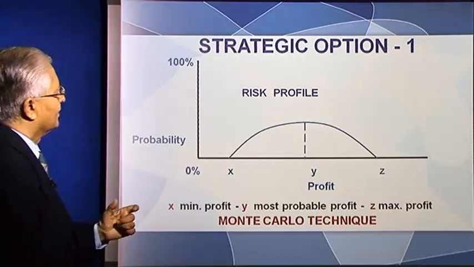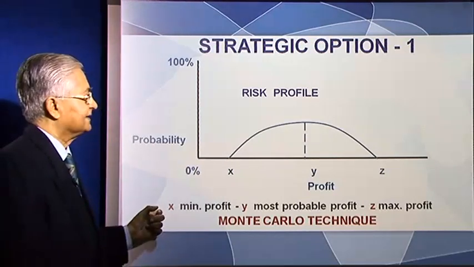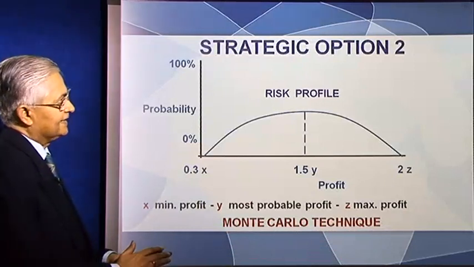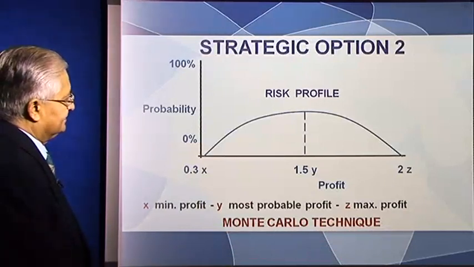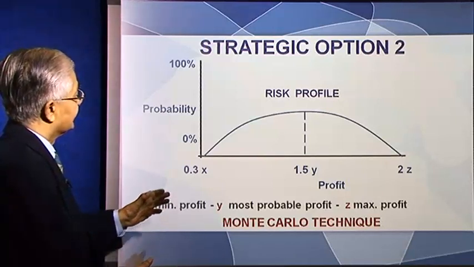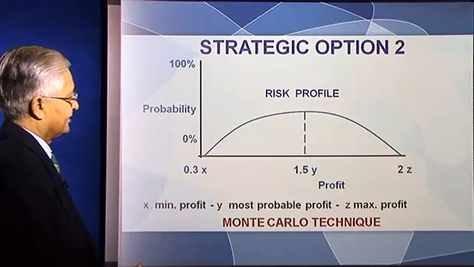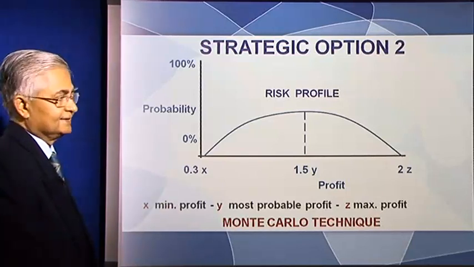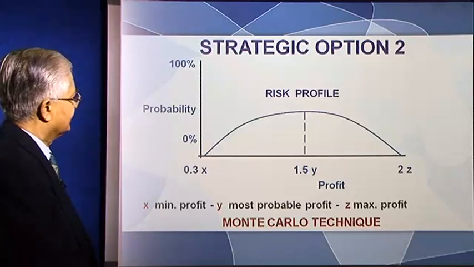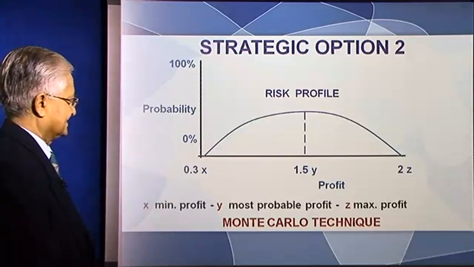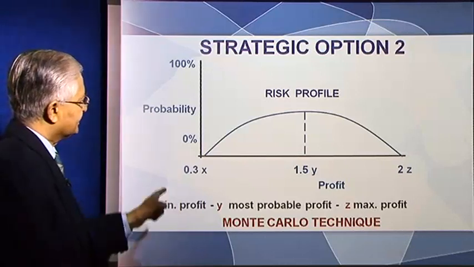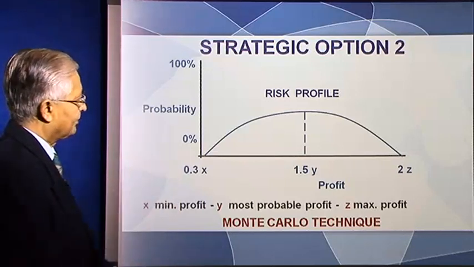Right. Now let's look at the second strategic option. Now, in the case of the second strategic option, the minimum possible profit is 0.3x. The profit will not be below 0.3x.